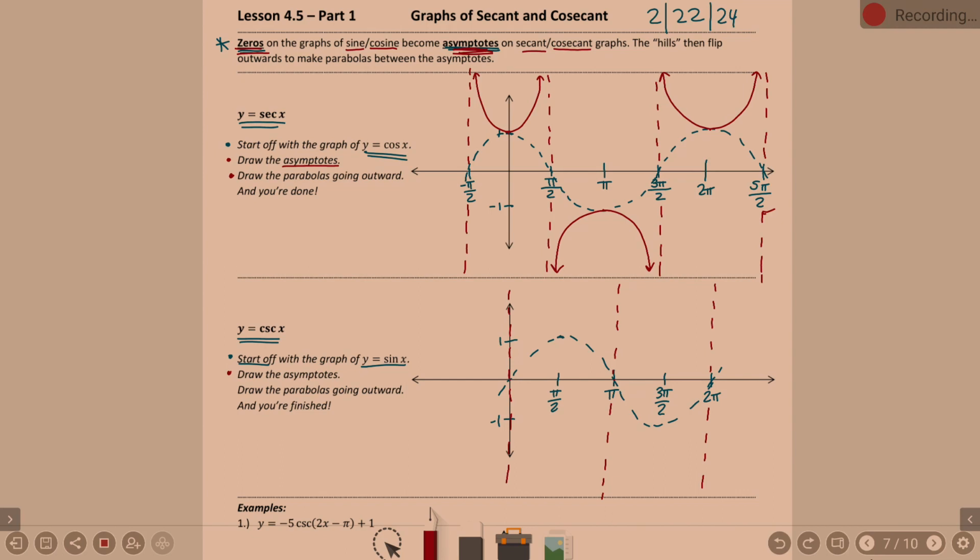Okay, then draw the parabolas going outwards. So in between my first 2 asymptotes, I have a mountain in sine. What's going to happen? We're going to flip it up, and it's going to be a parabola opening upward. The vertex of that parabola meets the top of the mountain there, right?